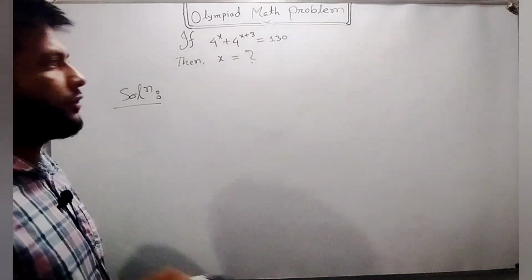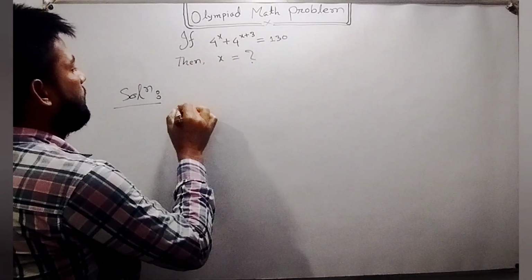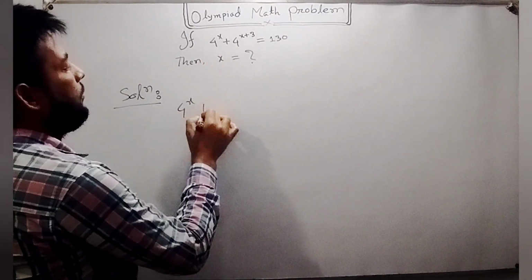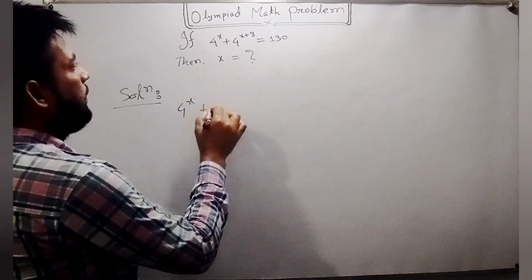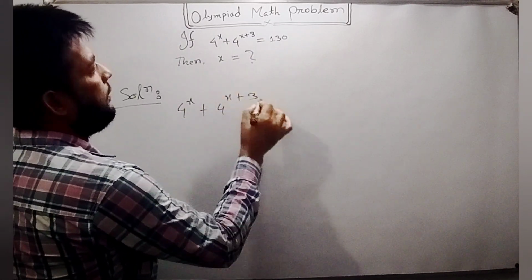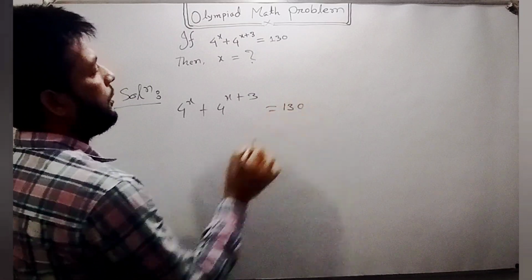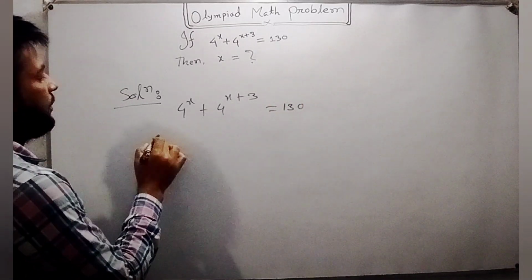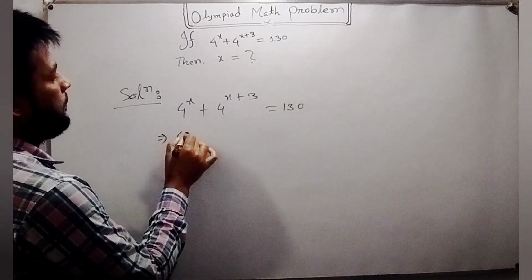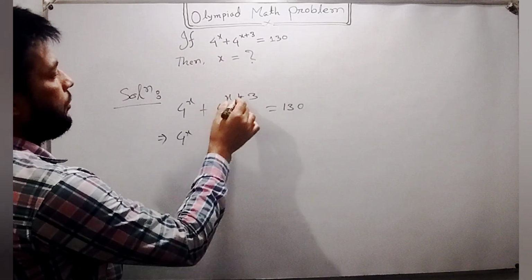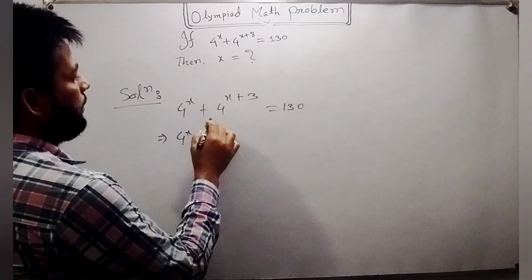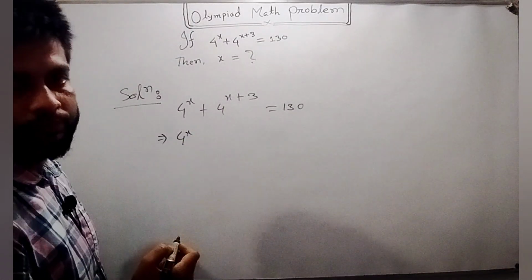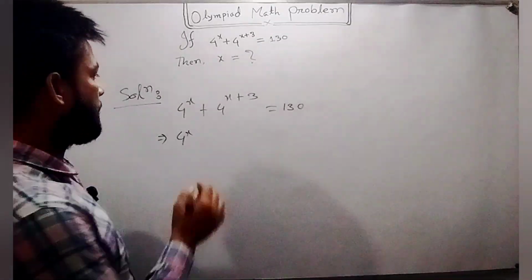If we solve this problem, we have to find the value of x, where 4 power x plus 3 equals 130. Then we may write 4 power x, and we will break these terms according to the formula of indices.